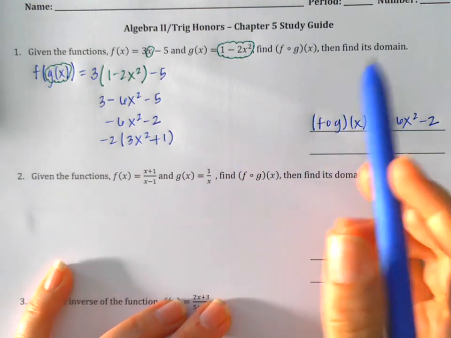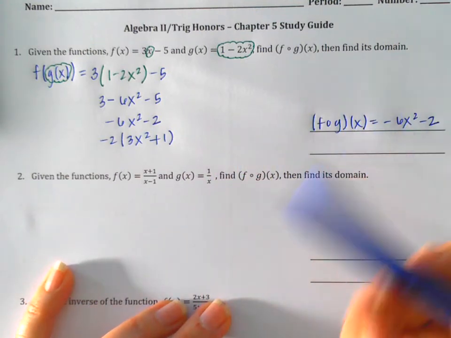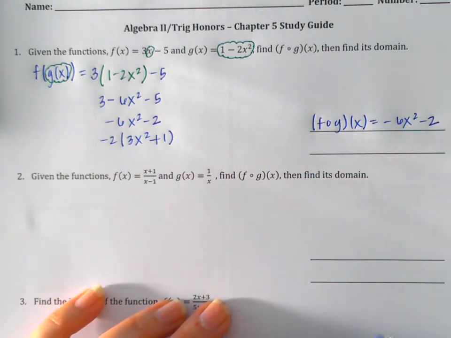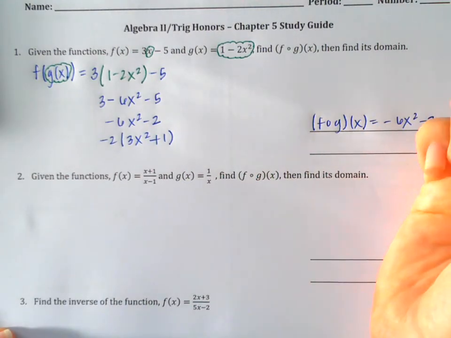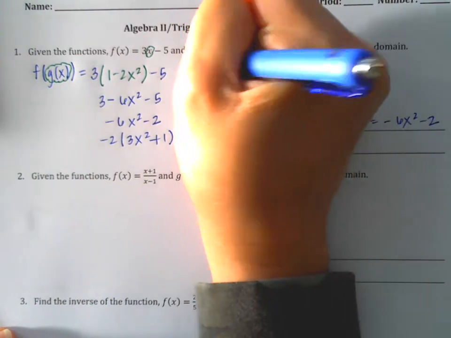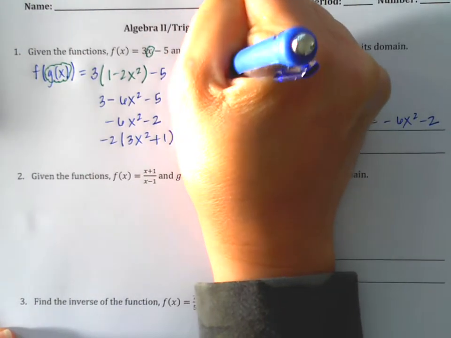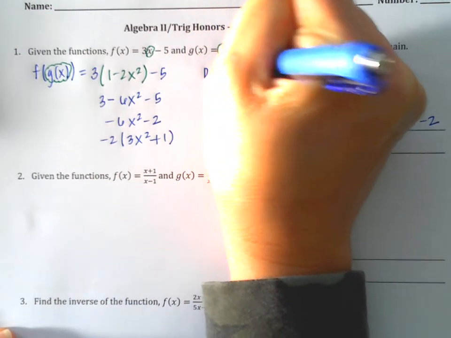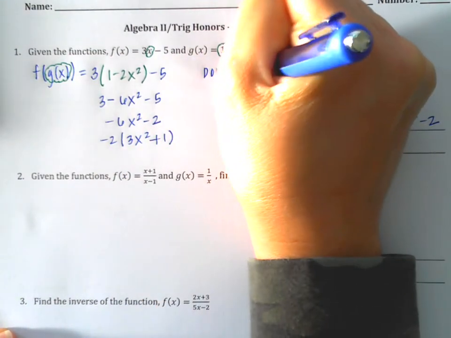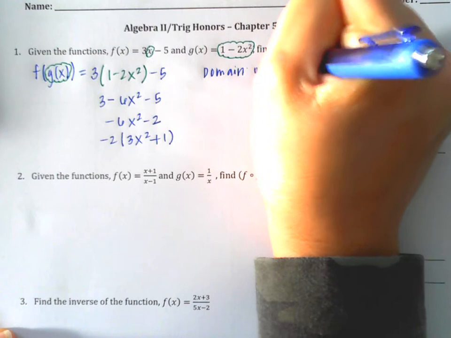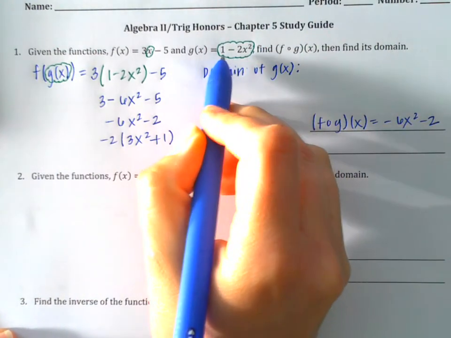Okay, so then the last thing it says, find its domain. Remember, when you're finding the domain of a composite function, that means we're inputting one function into another function. It's a composition of functions. What you need to do is first think about what's the domain of the function that you inputted. So we inputted g of x, so what's the domain of g of x?